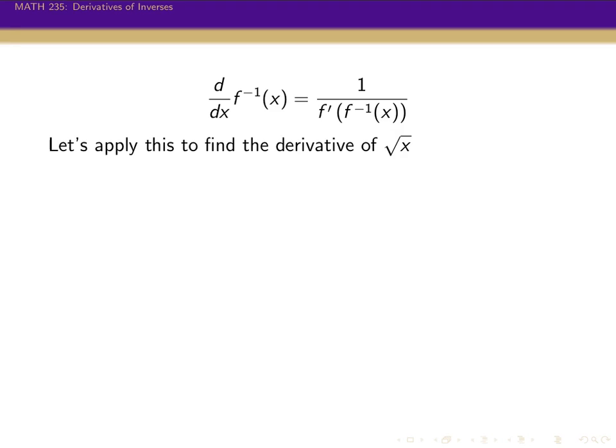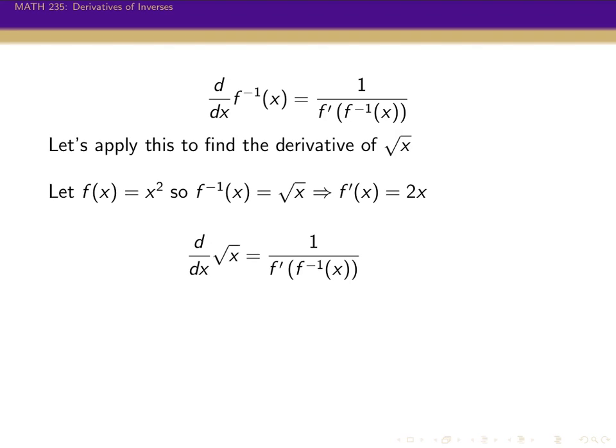Okay, so now that we have this formula, let's apply it to find the derivatives of some functions like square root of x. Right, so if we let our f of x be x squared, that's going to make our inverse function square root of x. And so the derivative of x squared, we've seen that quite a bit before, that's 2x. And so now we have everything we need to plug it into our formula.